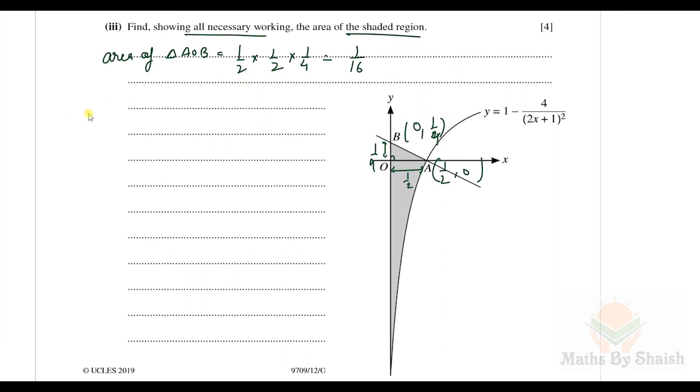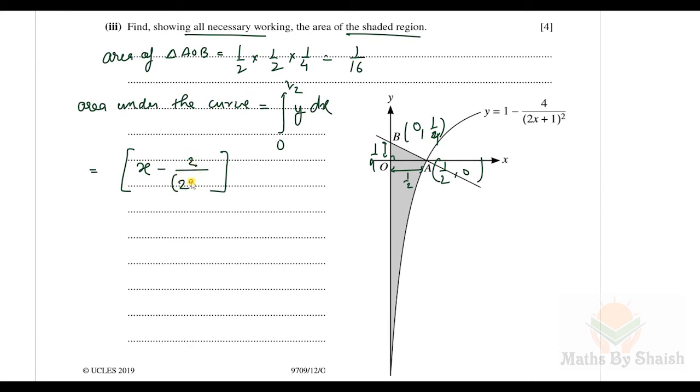Now the area of this shaded region: we'll find the area under the curve. The area under the curve is going to be the integral from 0 to 1 by 2 of y dx, and the integration of this we already know: x plus 2x over (2x + 1), from 0 to 1 by 2.